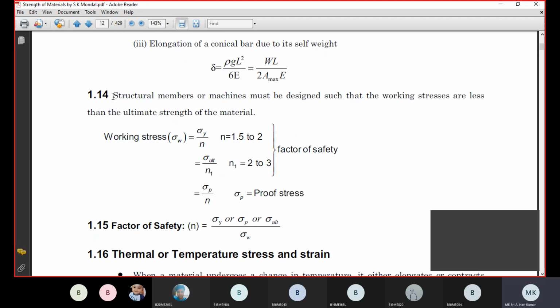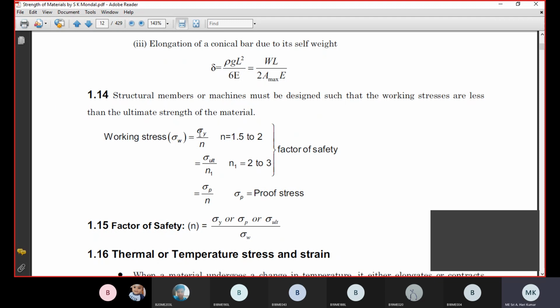We should limit our design stress to yield stress, because when the operating stress crosses yield stress, it starts yielding, meaning it starts deforming. When it starts deforming, it has failed.